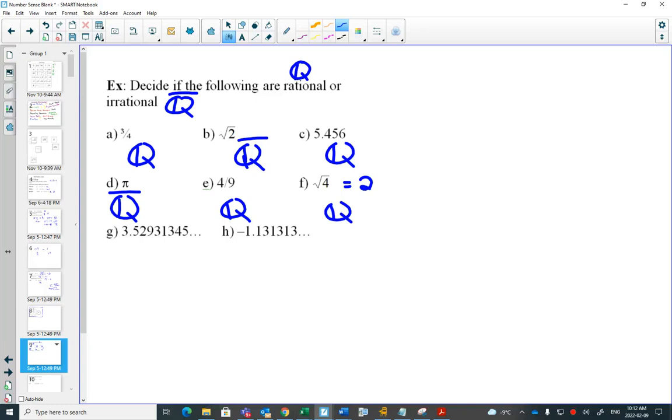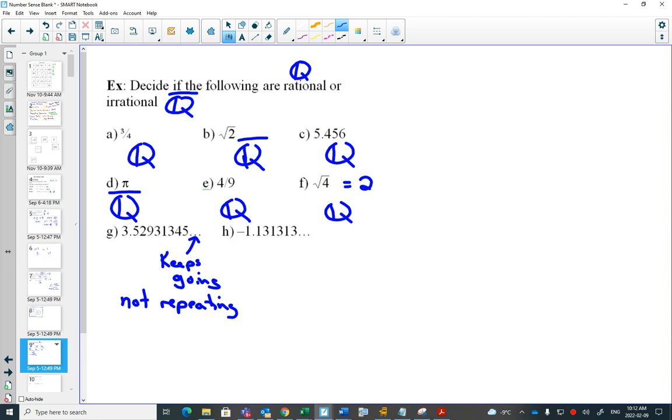Irrational. So we look, this ... means it keeps going. Do you see it repeating anywhere? No. It's not repeating though. The dots just mean that it keeps going. It never ends.